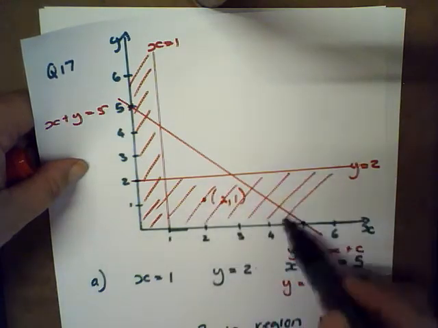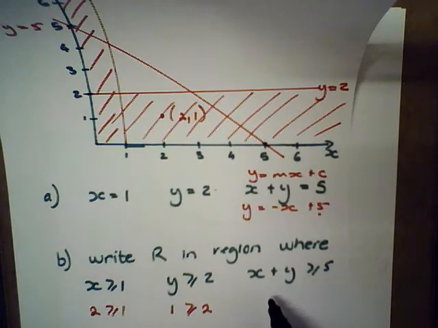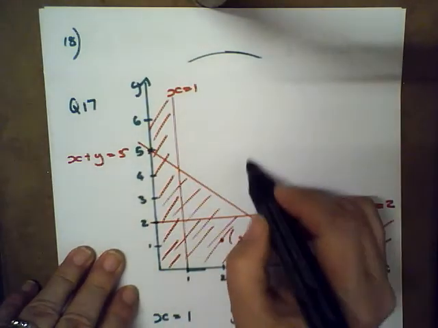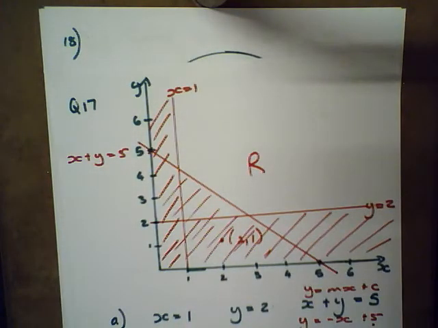And I'm going to shade that. Then they ask us x plus y is greater or equal to 5. So 2 plus 1, is that true? No, it is not. It is not part of my solution set. Therefore, that region will be R.